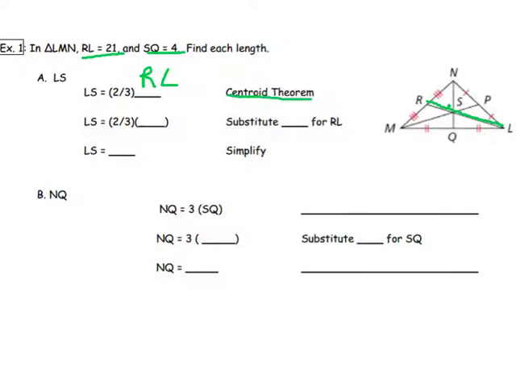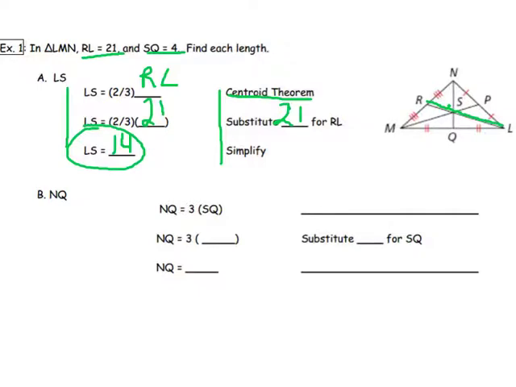This is our work here, and this is how we know. RL we know is 21, so it's really 2/3 of 21. So we substitute 21 in for RL, and 2/3 times 21 is 14. So LS is 14.